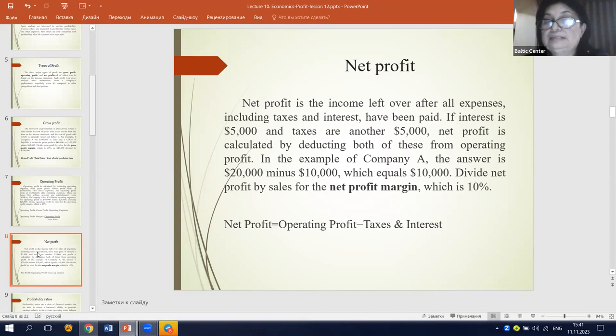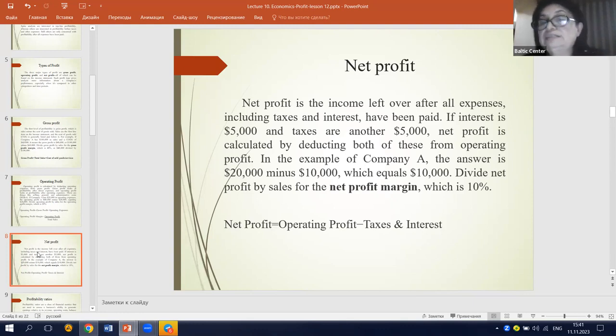If the interest is $5,000 and taxes are another 5,000, net profit is calculated by deducting both of these from operating profit. In the example of company A, 20,000 minus 10,000 equals 10,000, and we divide net profit by sales for the net profit margin.